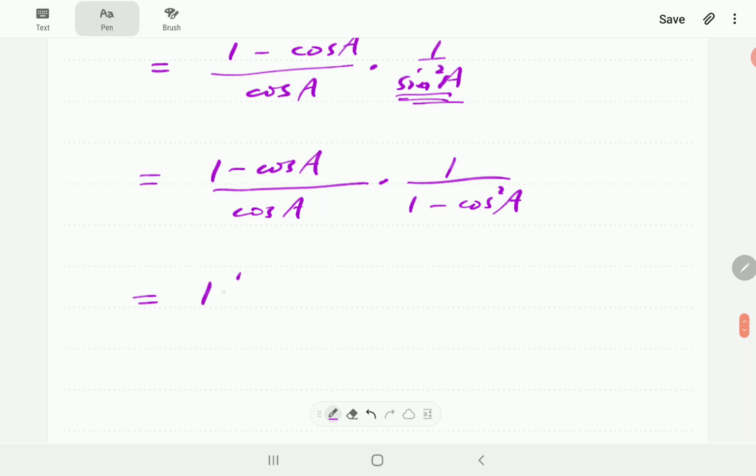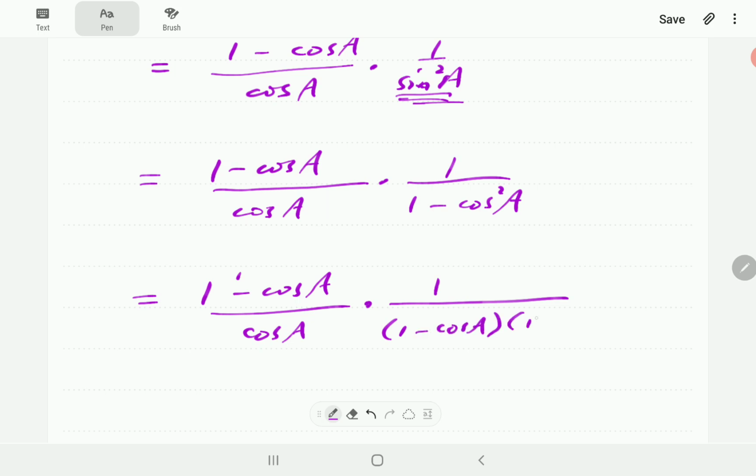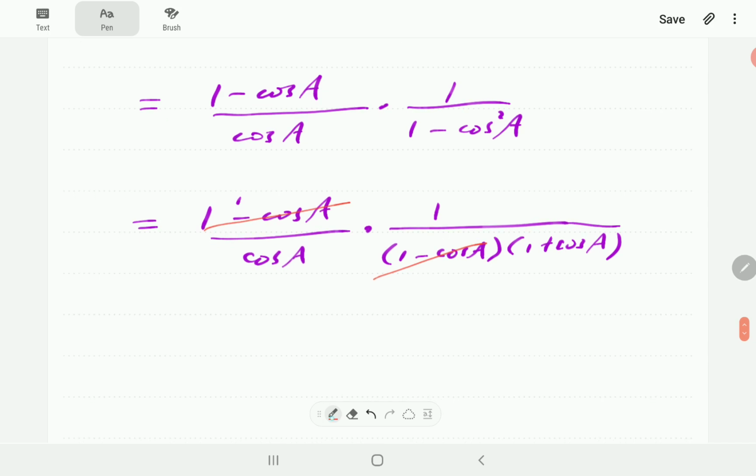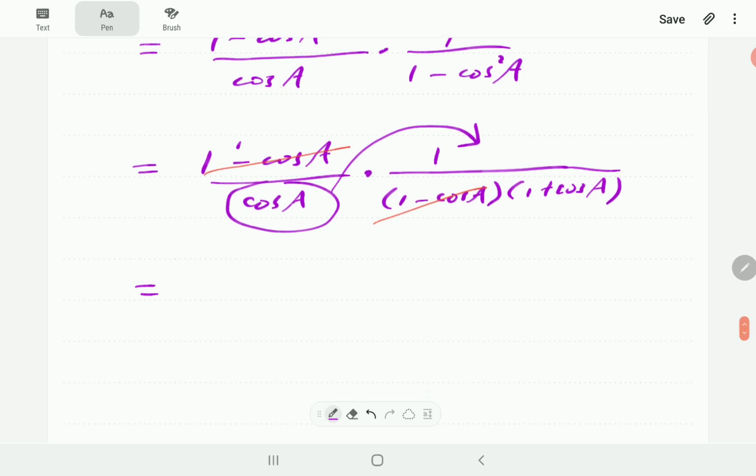So we're going to have 1 minus cosine A over cosine A times 1 over 1 minus cosine A times 1 plus cosine A. Then this will cancel out with that, and then if we move this cosine A up into the numerator, it's going to become secant.